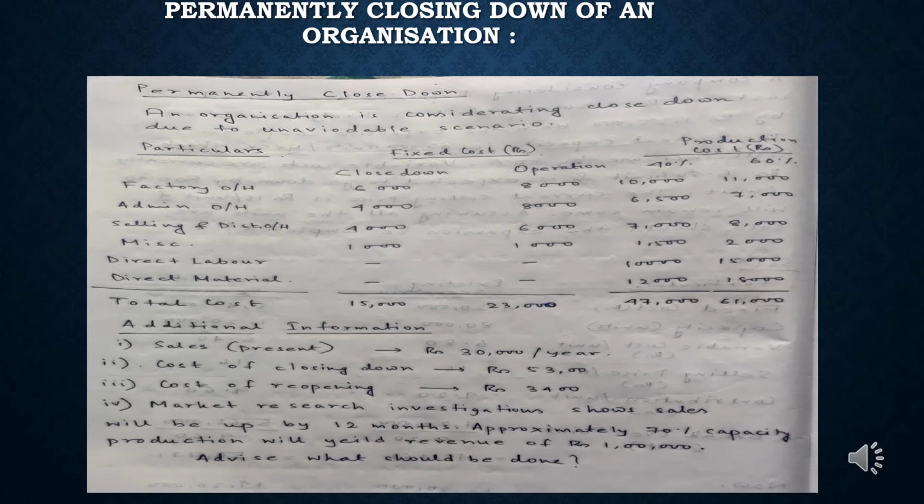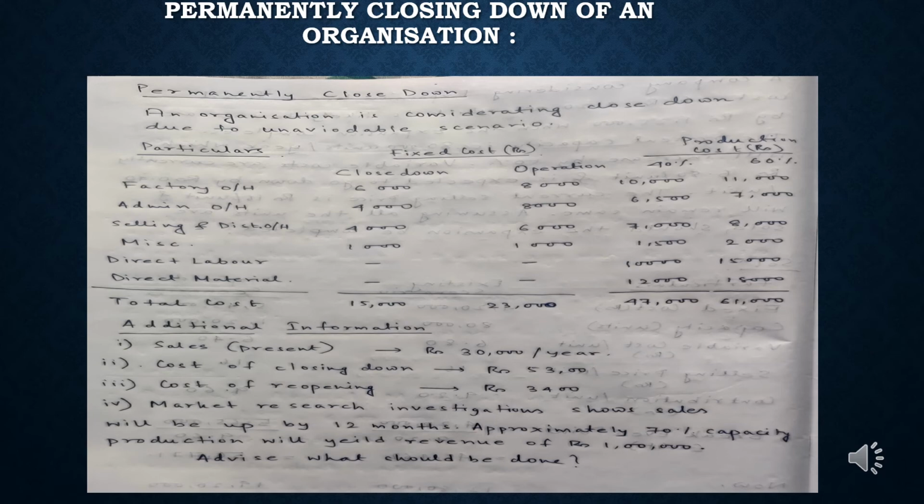Most importantly, we have the production cost. Here we can safely assume that production cost is basically fixed cost plus variable cost. Production cost also has two particular columns, 40% productivity and 60% productivity, where we find the total cost at 47,000 and 61,000.